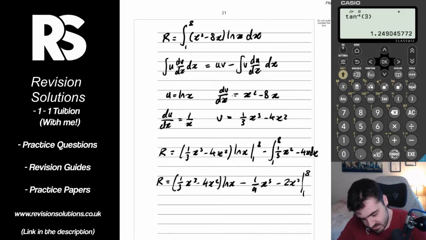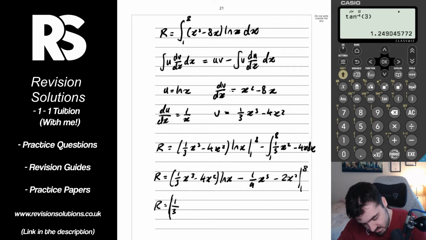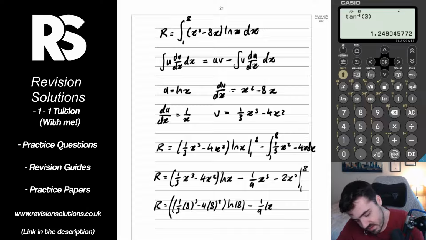So unfortunately, that's just plugging in a load of numbers now. So R would be a third. Right, let's do a big bracket here, actually. Big bracket, small bracket, a third of 8 cubed minus 4 times 8 squared, ln of 8, minus a ninth of 8, not x, 8.